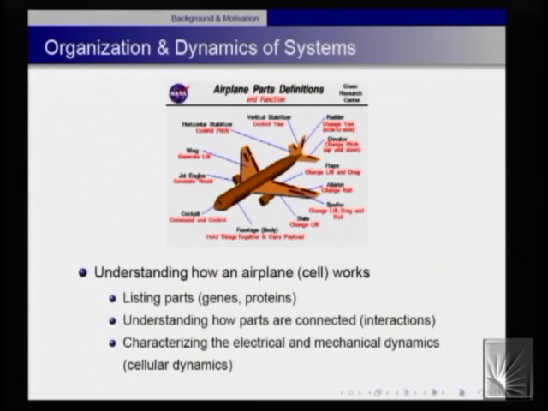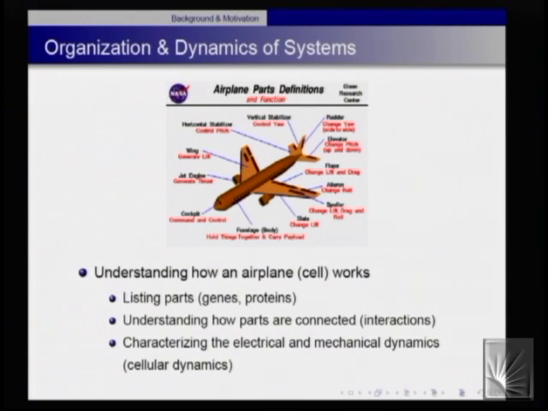If you want to understand how a plane works, what do you do? Do you list the parts, which corresponds to identifying the genes and proteins in a biological system? Do you look at how parts are connected to each other, the wiring of the parts? Or do you try to characterize the electrical and mechanical dynamics of what is going on?